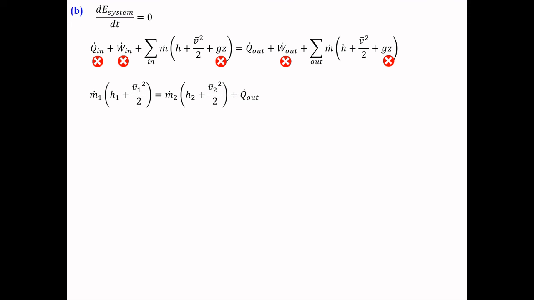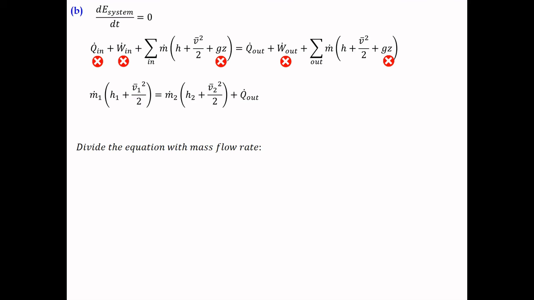The remaining term will be this equation where we have m1 dot multiplied by h1 plus V1 bar square divided by 2 equal to m2 dot multiplied by h2 plus V2 bar square divided by 2 plus the heat loss to surrounding, Q out dot. Okay, so divide the equation with mass flow rate, and we know that based on the conservation of mass principle, m1 dot equal to m2 dot.